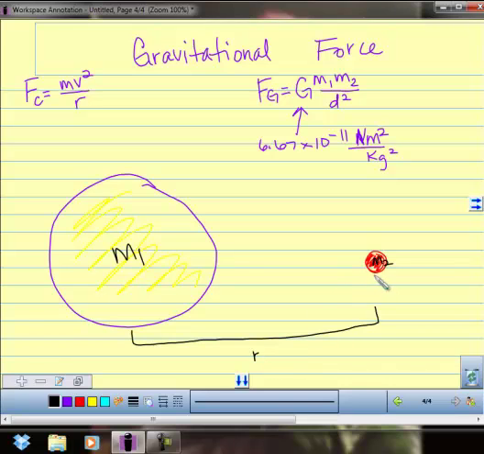As the planets move farther away, so let's say now we're talking about a planet in another galaxy that is very similar to ours, that maybe the mass is bigger, but the radius is the same. So if the mass of an object gets bigger, then that has a direct relationship with the force between the two objects.